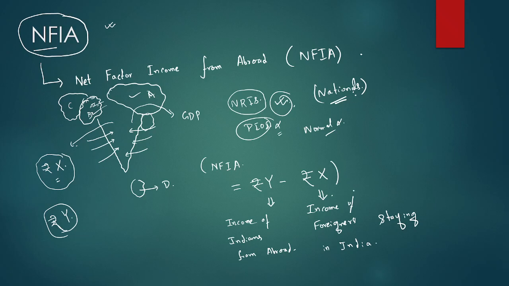For India's case, unfortunately, NFIA is negative. That is, the foreigners' income in India is greater than the income of Indians from abroad. Okay? I hope the concept of net factor income from abroad is very clear to you.